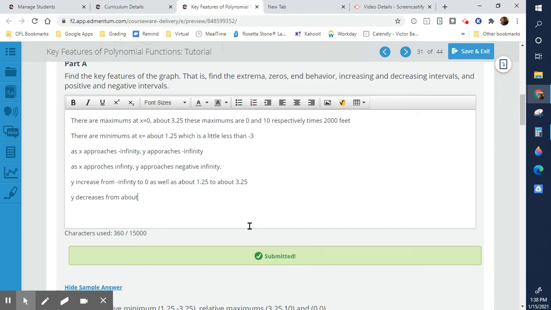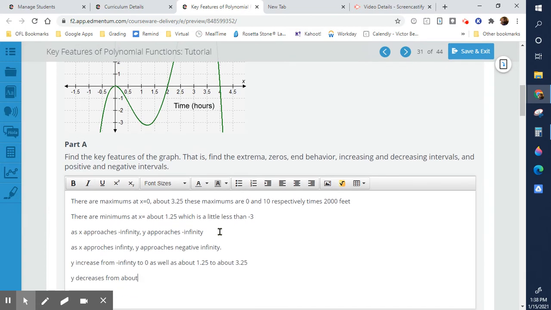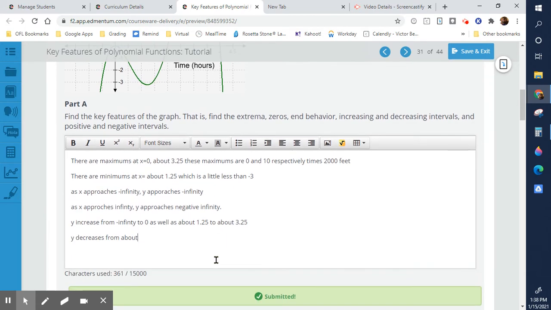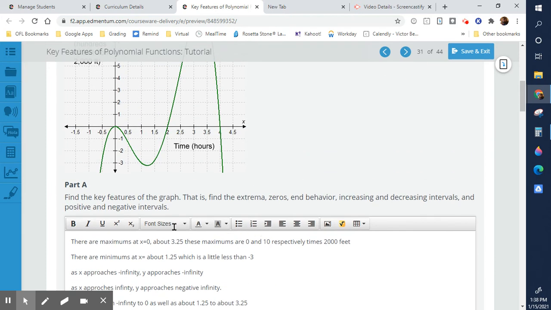Y decreases from 0 to about 1.25, as well as 3.25 to infinity. So I'm just saying when it increases and when it decreases.